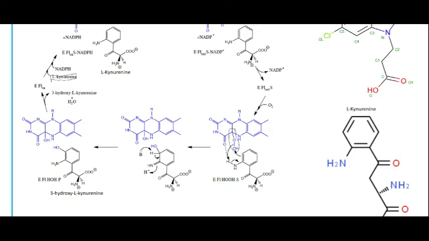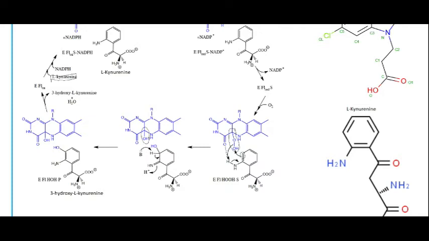And so concerted, meaning that this is sort of all happening at once. Where I started talking about it was arbitrary. And so we see now that we've created a bond between this carbon here and this oxygen, and we've broken this bond right here. So we end up with the oxygen bound onto this ring here, and this still bound onto the FAD.